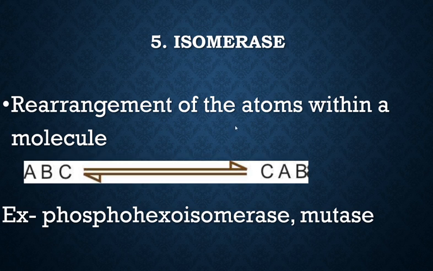This is the rearrangement of atoms within the molecule. Examples of these enzymes are phosphohexose isomerase and mutase. You also read about this type of enzyme when you study glycolysis. Okay, move to the next.